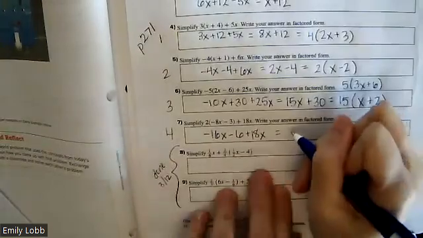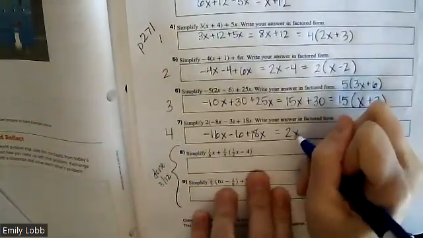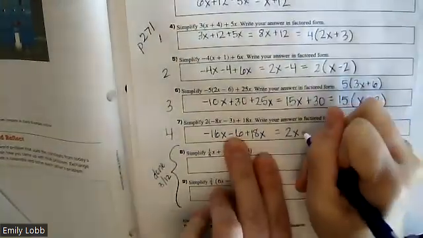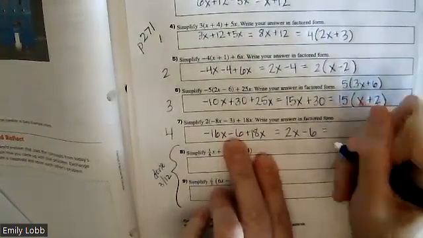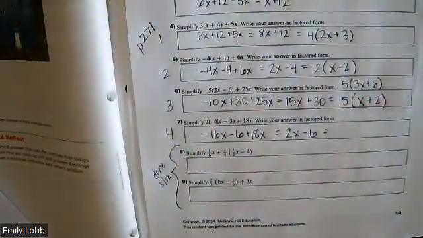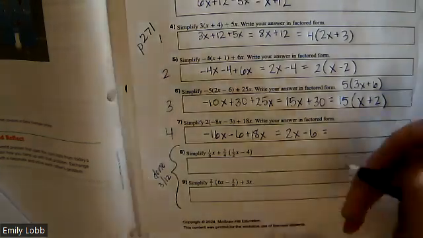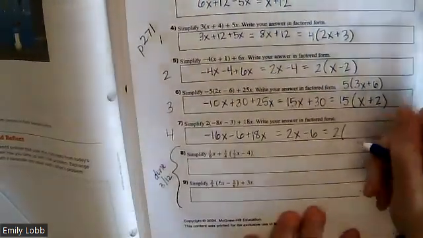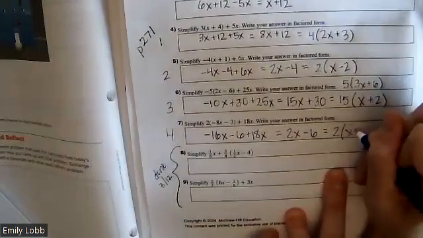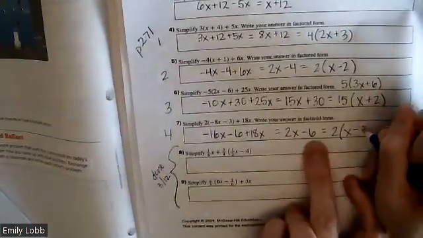This gives us 2x minus 6. And we can take out what? 2. So x minus what? 3. Very good.